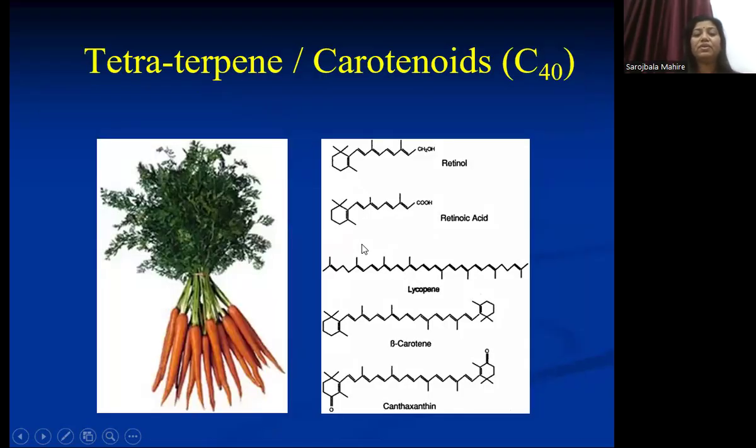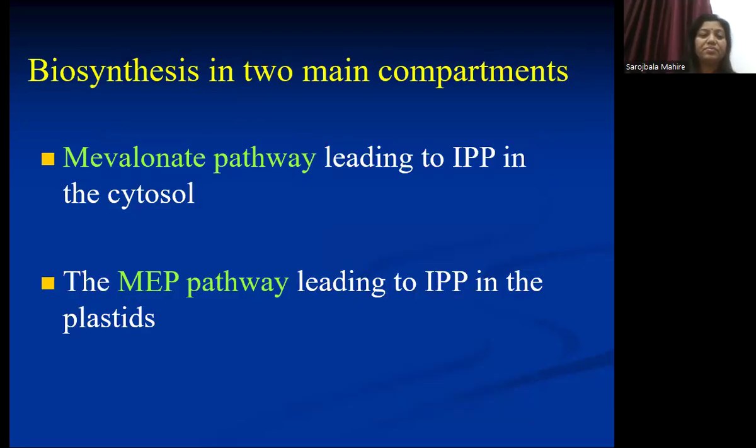Tetraterpenes. The most important example of tetraterpenes is the carotenoids, like keratin, retinol, or retinoic acid, lycopene, beta-carotene, or xanthophylls. So carotene or beta-carotene, this is in the carrot.